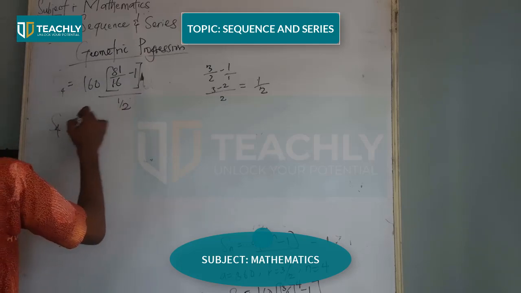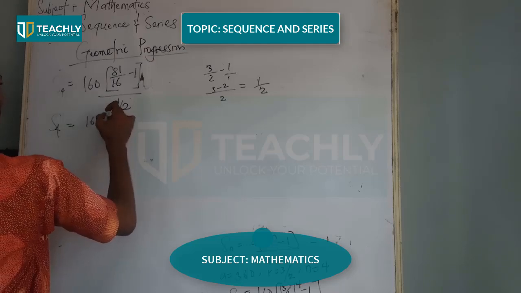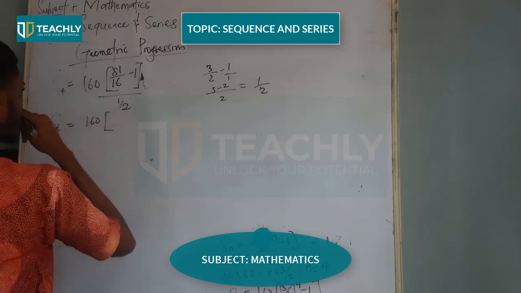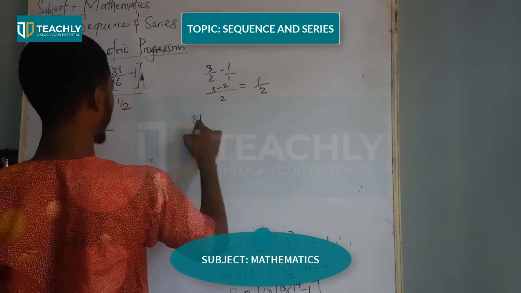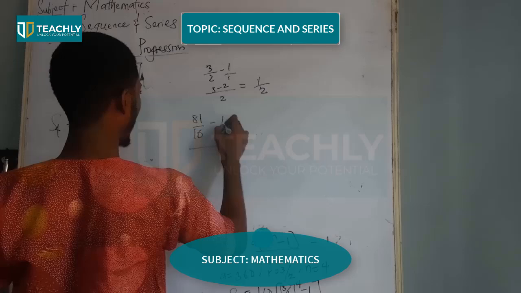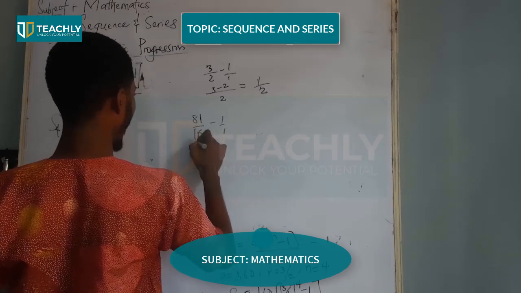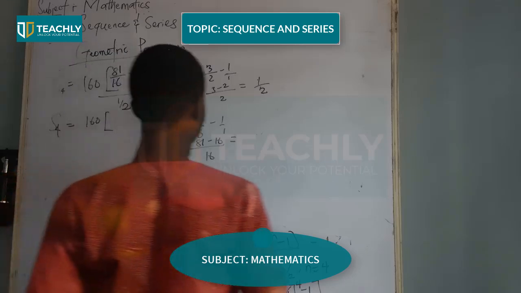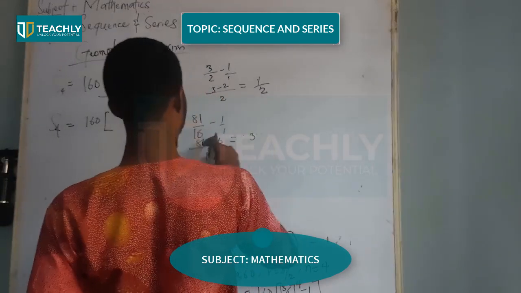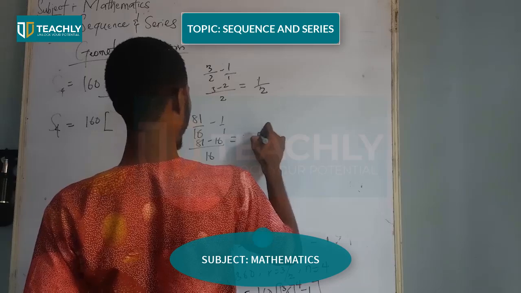Our S4 now is going to be 160. So if we go by this one again, we have 81 over 16 minus 1. So we have 16. Here we have 81 minus 16. 81 minus 16 is going to give me what? 3. 11 minus 6 will give me what? 5.